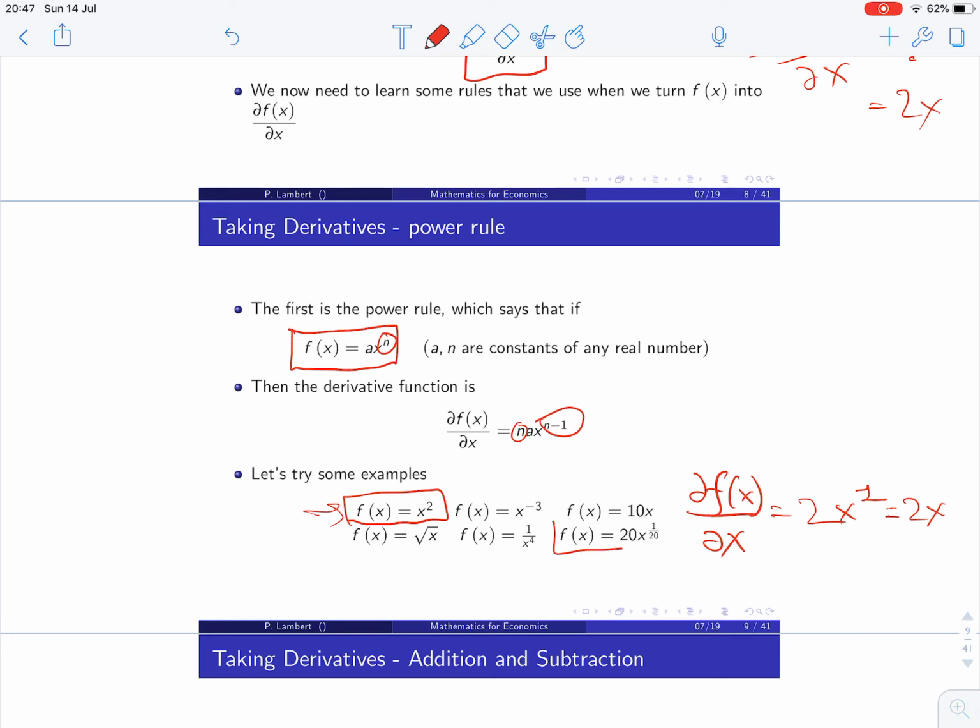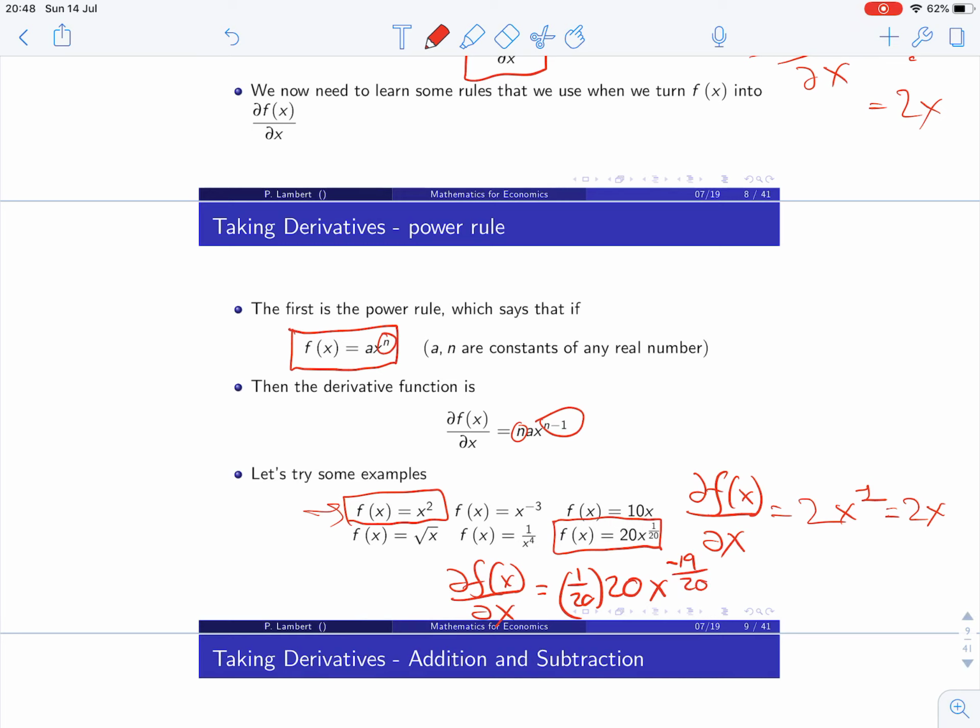We could also practice the power rule from this particular function. We see the function now is 20 times x to the power of 1 over 20. Now, df/dx, we take 1 over 20 out the front, 1 over 20, multiplied by 20x to the power of 1 over 20 minus 1, which is going to be negative 19 over 20.